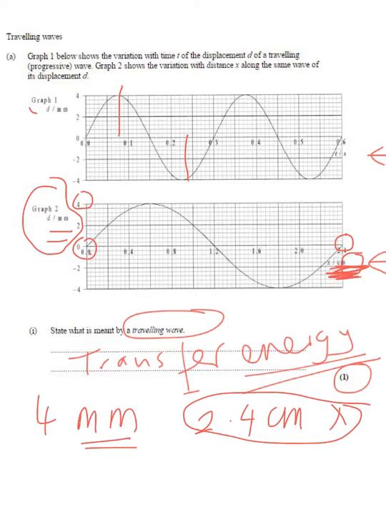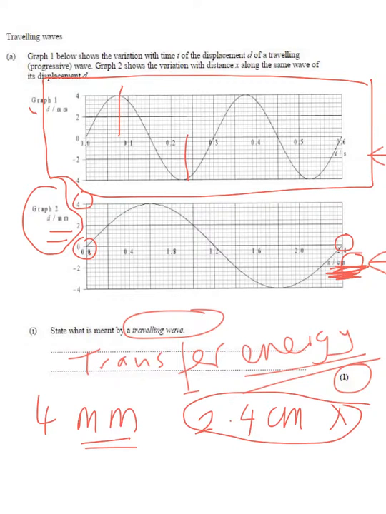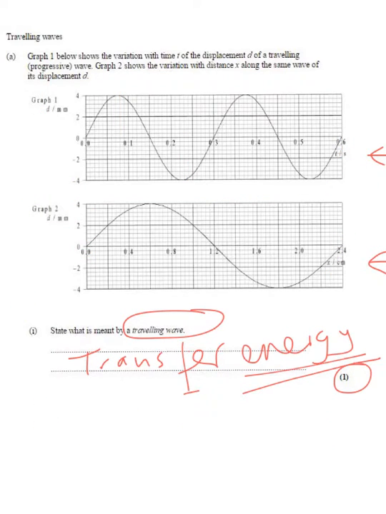Frequency. Now, the frequency can be worked out from this graph, which is a displacement time graph. So you should remember that frequency is 1 over the period. And we can easily read the period on this graph. So here it is a little bit tidier.